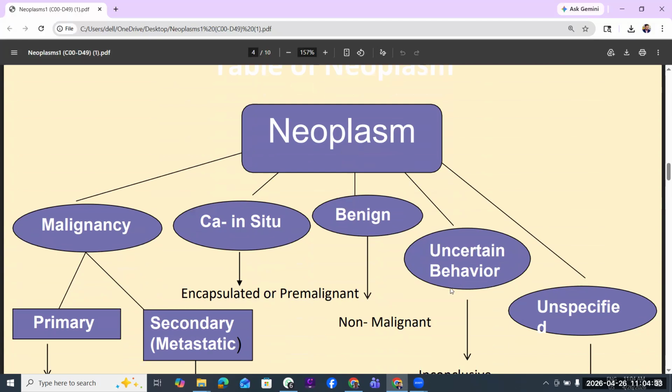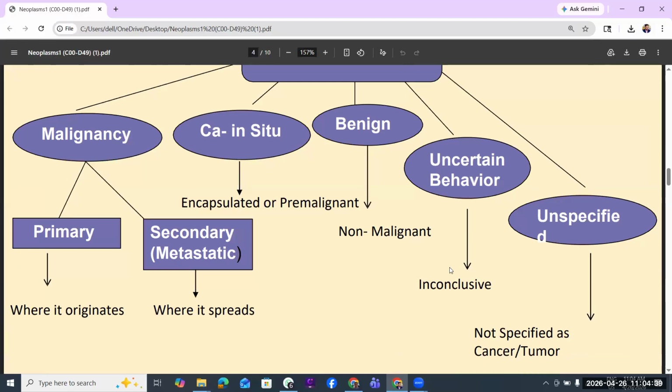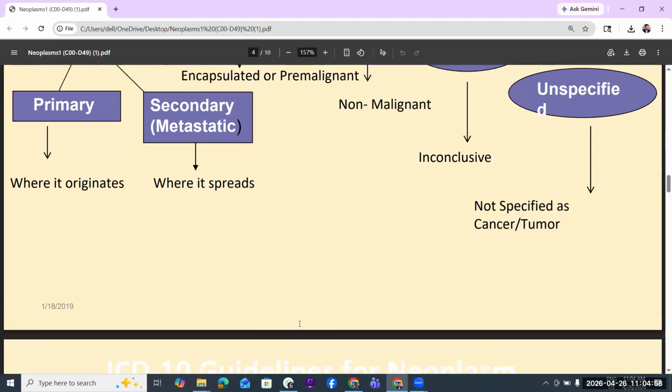Uncertain behavior or unspecified: inconclusive or unspecified, not specified as a cancer or tumor. So you can see malignancy primary, where it originated, or secondary, where it has spread. This table helps us understand what a malignancy is and how we can code the neoplasm.